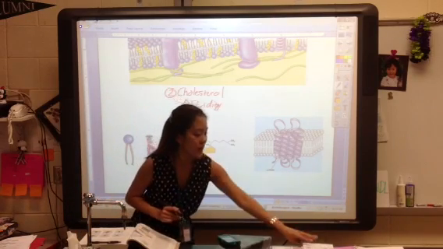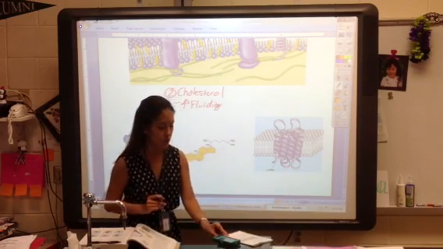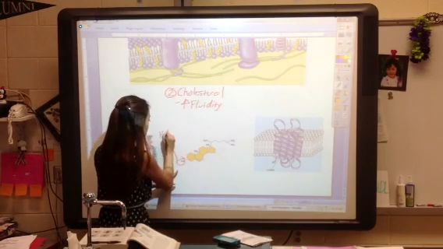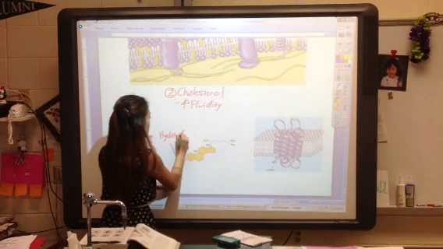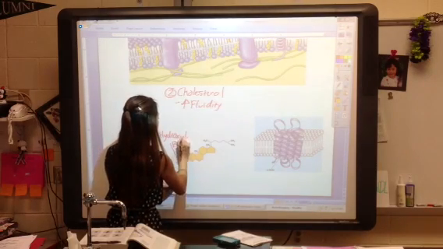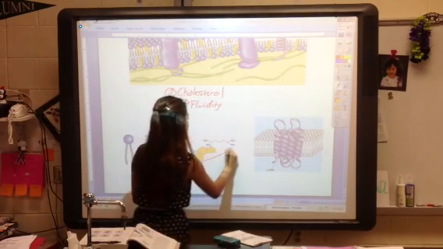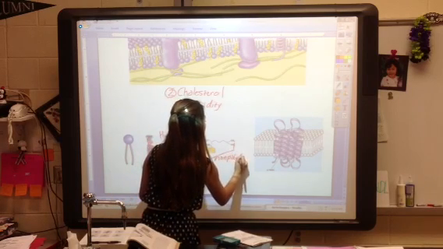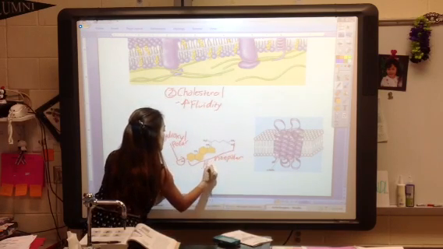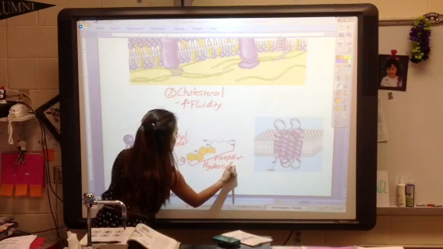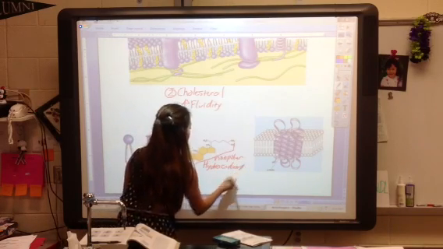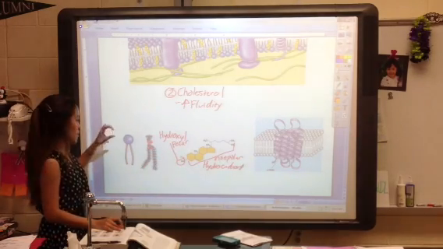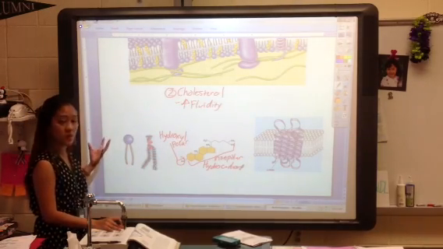Thinking a little bit about the chemistry of our cholesterol molecule, we have our hydroxyl group here, which is polar, and our nonpolar hydrocarbon chain. And this is really similar to that polar and nonpolar phospholipid as well.